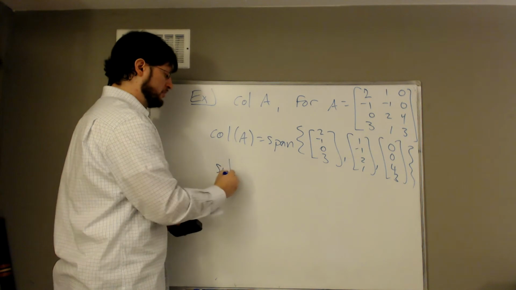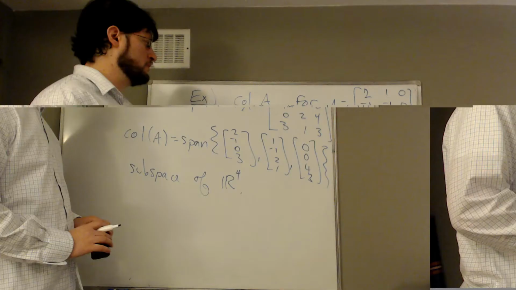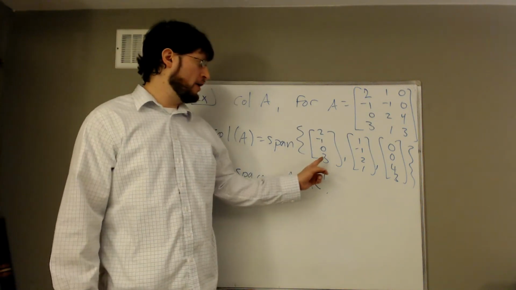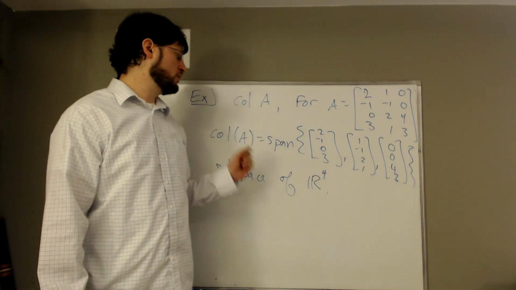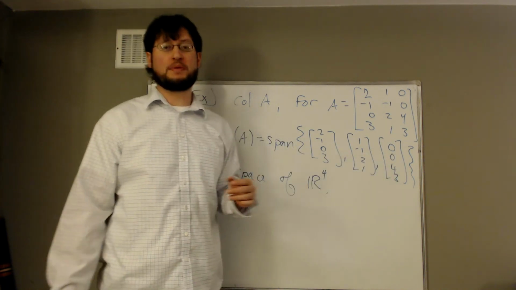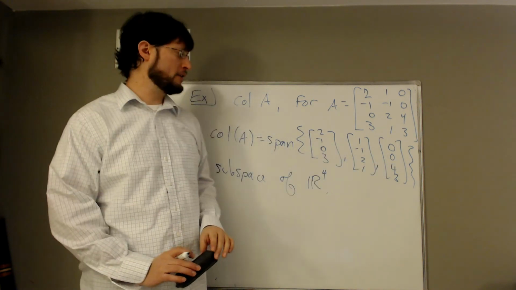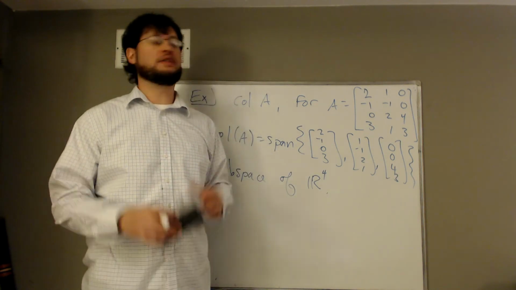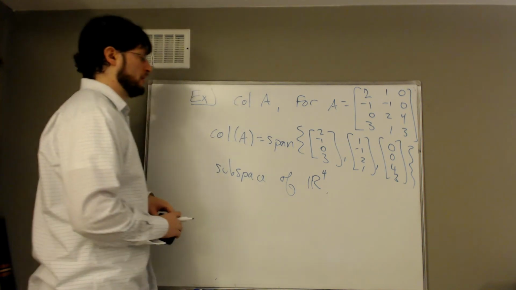This is a subspace of R4. Now remember, it's a different question as to whether or not we actually need all three of these vectors. It's possible that we could write the column space of A as just two of the vectors, or even just one, depending on how these are related. That's a different question that we'll come back to later. Which of those vectors do we actually need? It's related to the question of linear independence of the vectors as well as some other things.